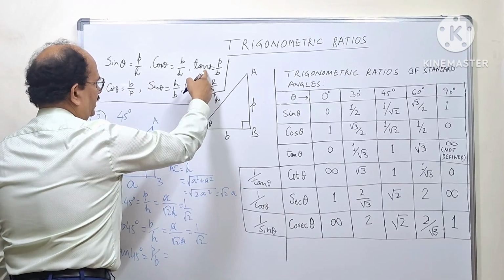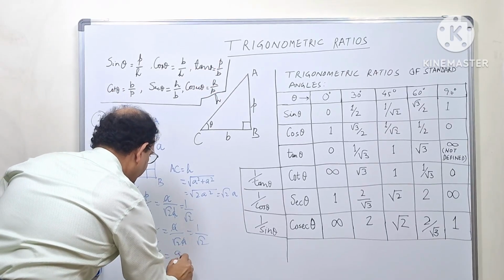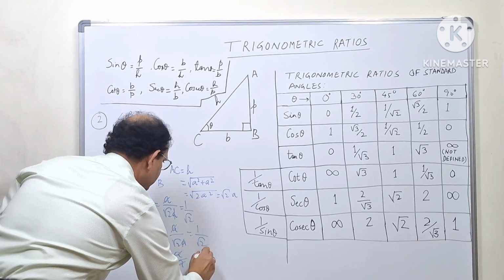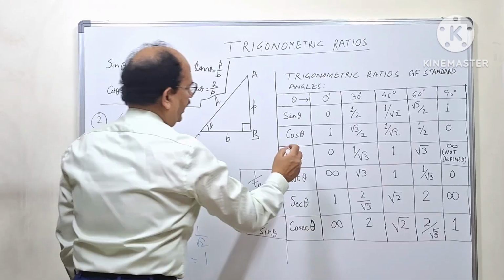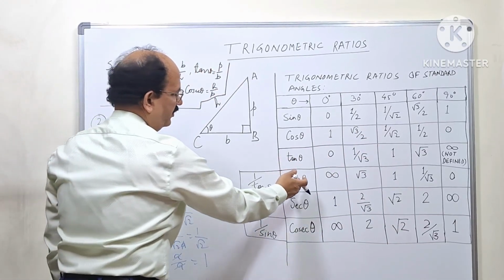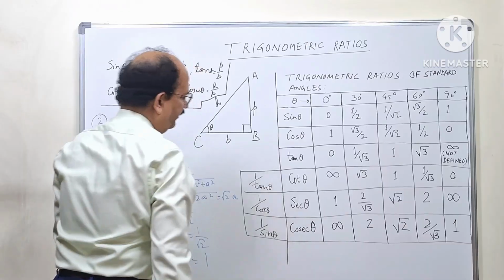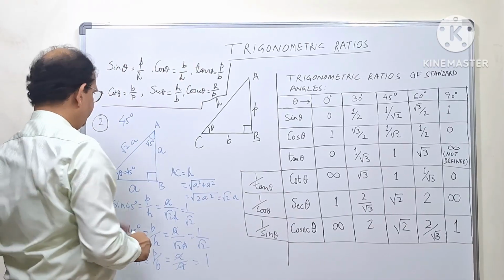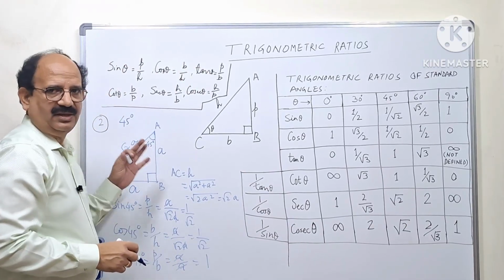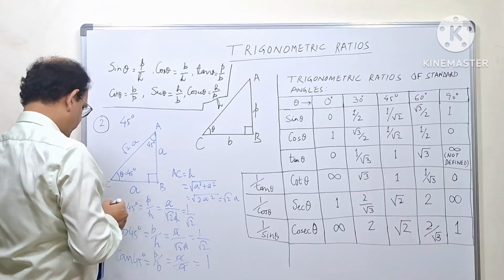My perpendicular is A, my base is also A, so it cancels to 1. Tan 45 is 1. Likewise, you can get cot 45, just inverse of this, sec 45 and cosec 45 also. So you have the clarity how to calculate the trigonometric ratios of 45 degree.